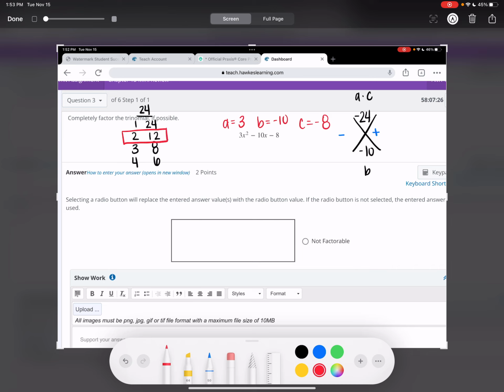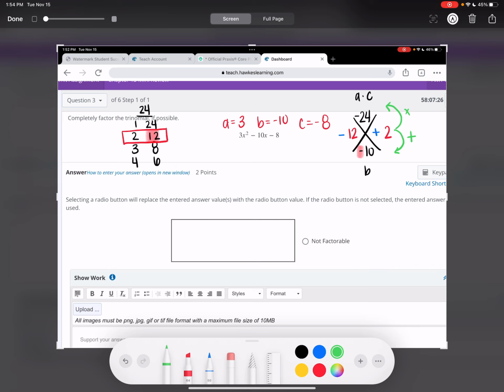Now the catch with these is the bigger factor has to match the sign of B. So B is negative, so the bigger number has to be negative. So I'm going to have -12, +2. Just like I said in the last one, make sure you check before you move on. -12 times 2 is -24, and -12 plus 2 is -10.